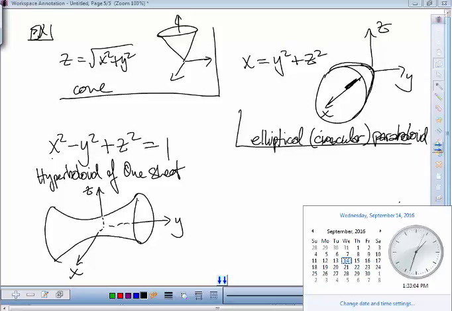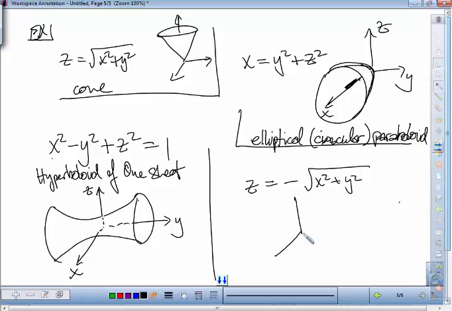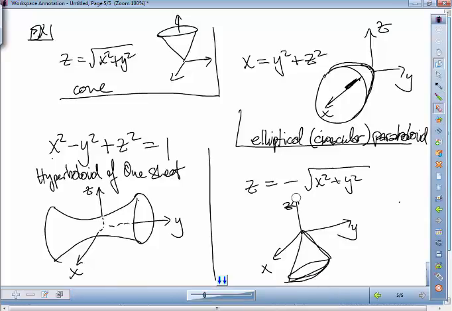My mouse keeps going. Yes? That top one was negative. This one? Yeah. You can put negative z or negative in front of the square root, and then we'll be pointing to the bottom. Oh, why don't I just make a real example out of this?